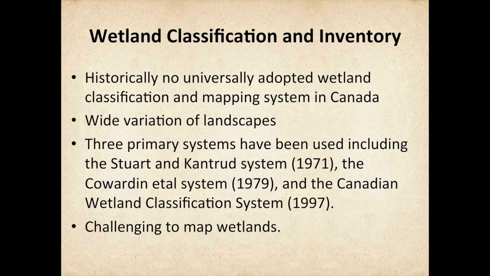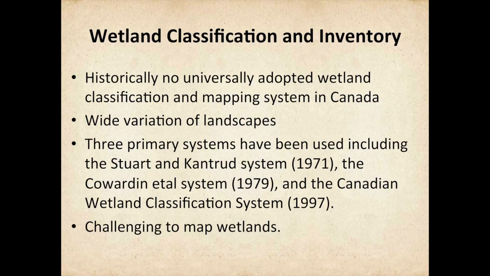Three primary systems have been used, I would argue. The Stewart and Kantrud system, which is designed for prairie ecosystems. The Cowardin system, which was developed in the U.S., deals with a lot of wetland systems right across the lower 48 as well as Alaska, which is a step up in terms of inclusion of boreal.